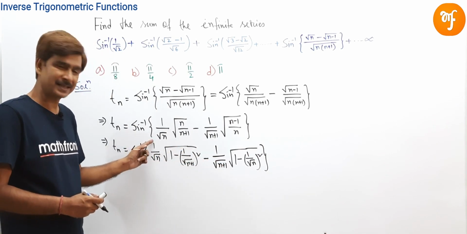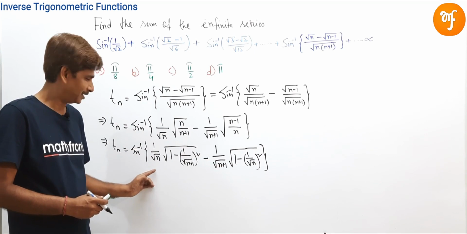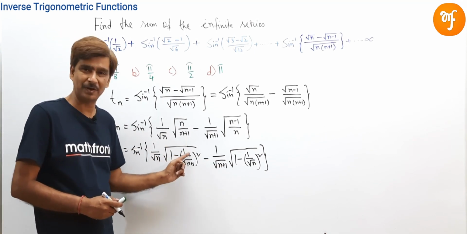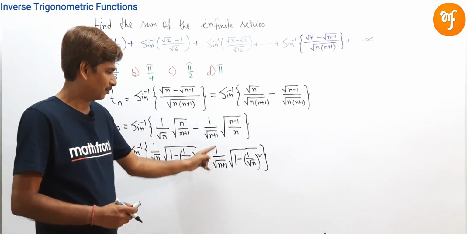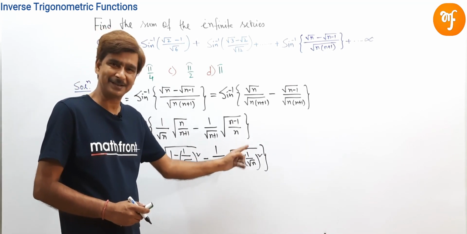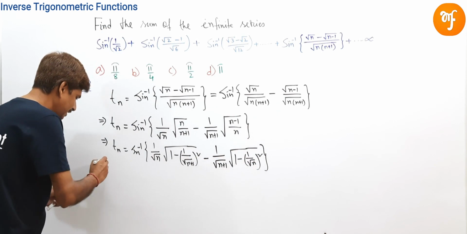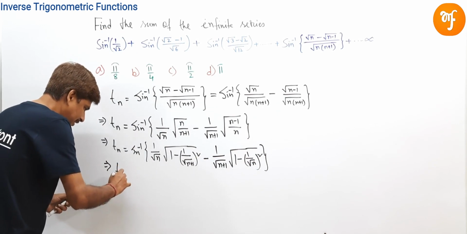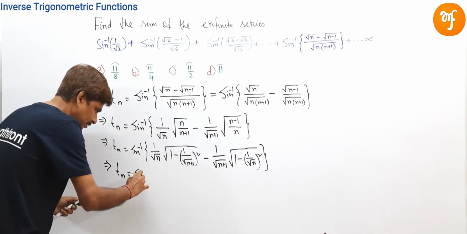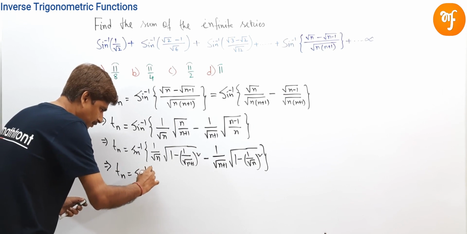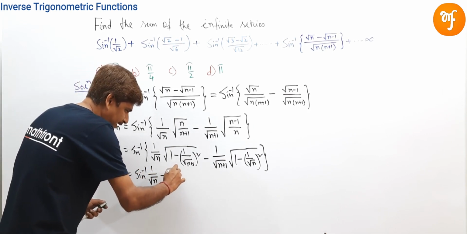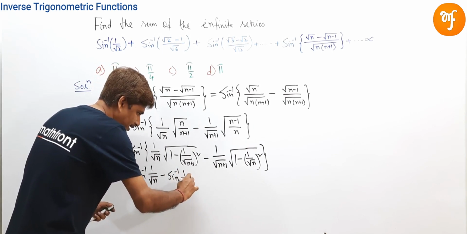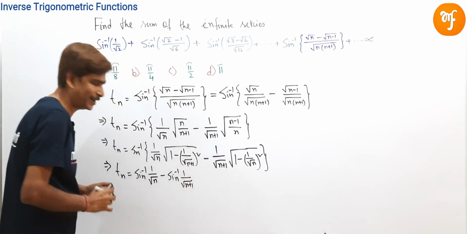Sine inverse of x is 1 by root over n into root over 1 minus y square, y is 1 by root over n plus 1 minus y into root over 1 minus x squared. So, we can write Tn as sine inverse of 1 by root n minus sine inverse of 1 by root over n plus 1.